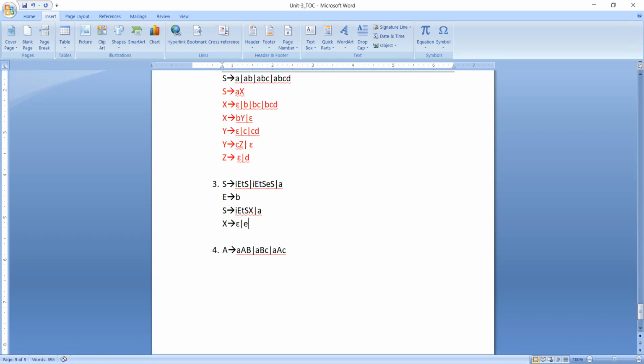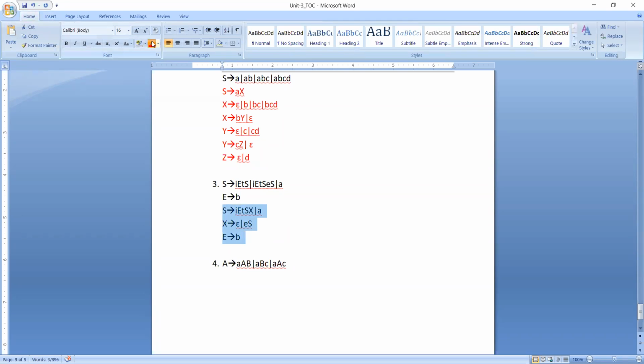Small e, capital S. Now from this given production we remove the left factoring, and E derives to b is not involved in any left factoring, so hence we are going to write it straight away. So now the productions which we are going to get after removal of left factoring will be like this.